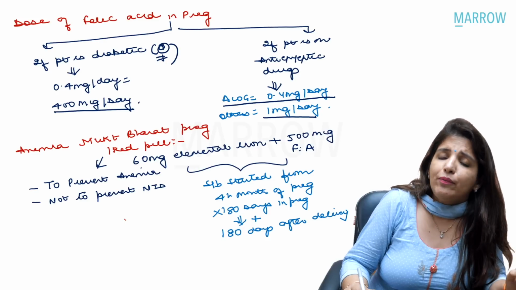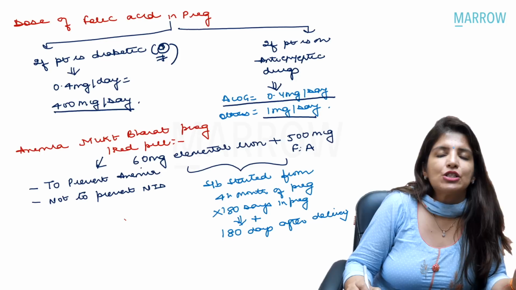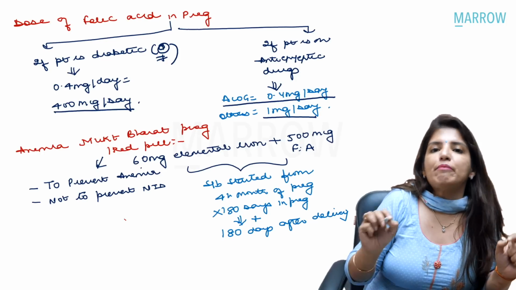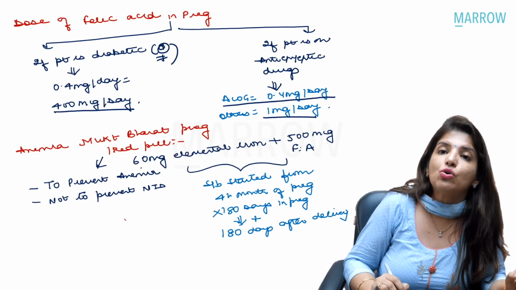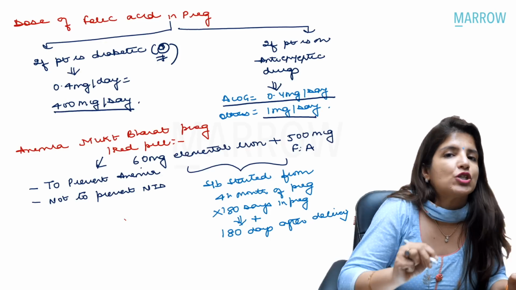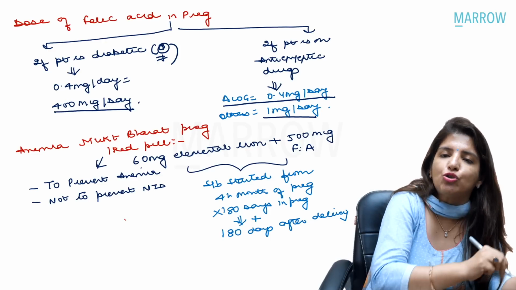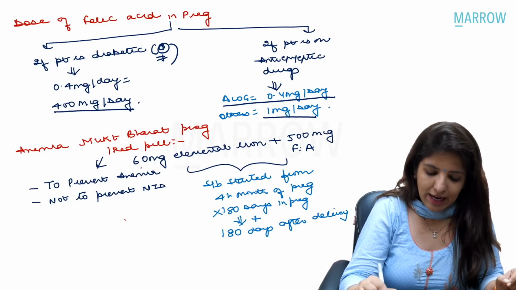Right? So earlier we used to say that if patient is on anti-epileptic drug, then also the dose of folic acid is 4 milligrams per day. So in the Marrow notes also you would have read it as 4 milligrams per day. But this is an update that ACOG now says that the dose is 400 micrograms even if patient is on anti-epileptic drug. Some other groups say it is 1 milligram per day. Right? But never more than 1 milligram per day.